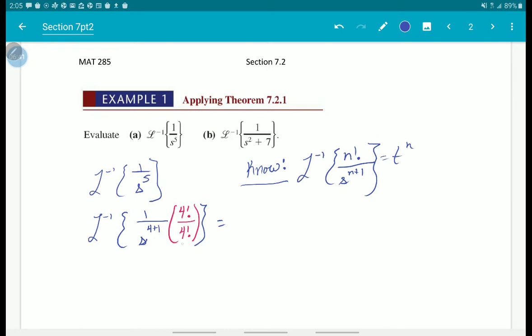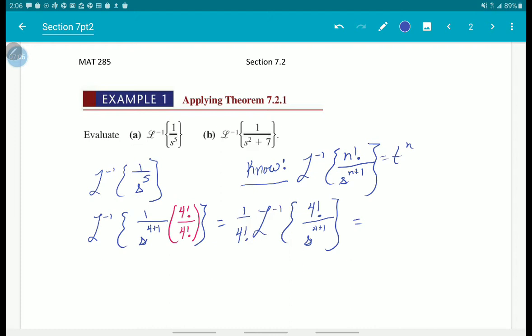And because this 1 over 4 factorial isn't going to be affected by this inverse Laplace, remember this is a linear transformation, then we could factor it out. So now we have 1 over 4 factorial times the inverse Laplace of 4 factorial over s to the 4 plus 1.